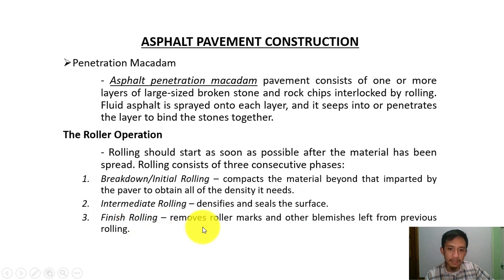It removes the roller marks, of course, because while we are rolling, there will be marks of the wheels of our compactors. So this will be your last phase, your finish rolling. It removes roller marks and other blemishes left from previous rolling.